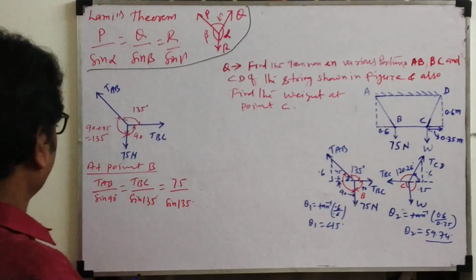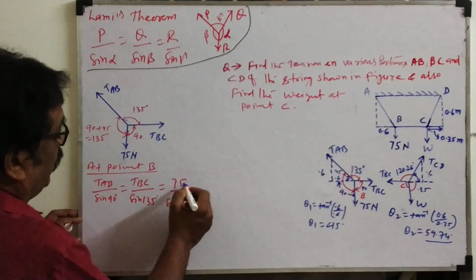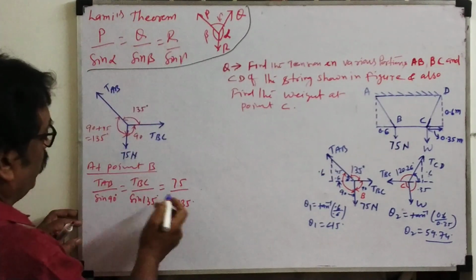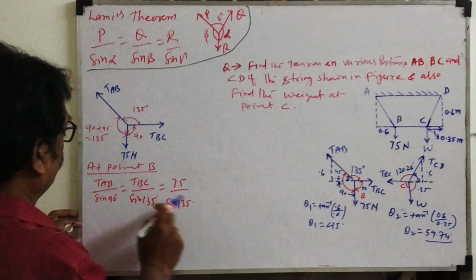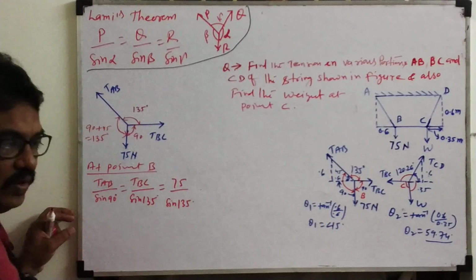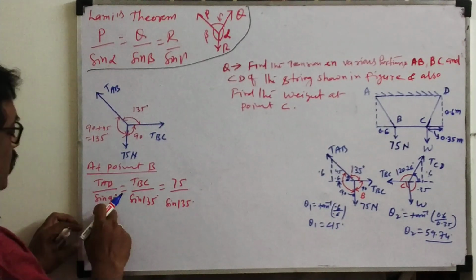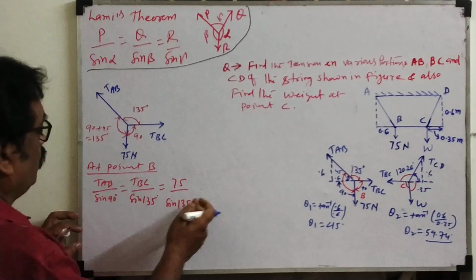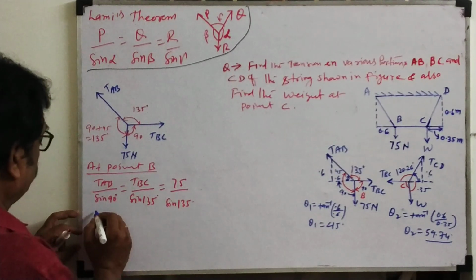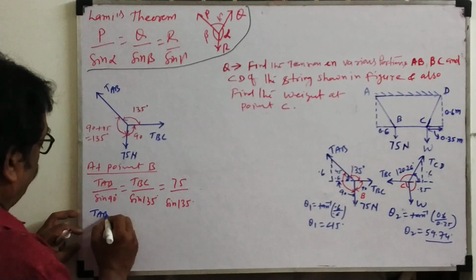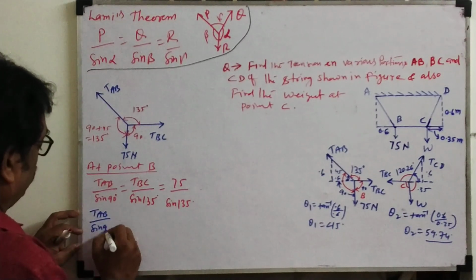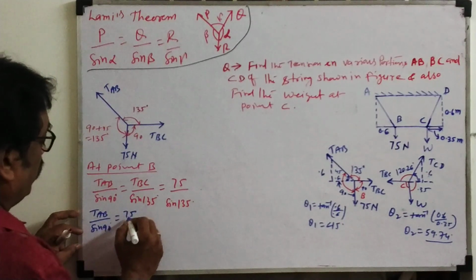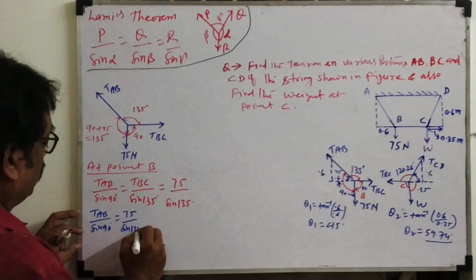Now look here. If we know this relation, we can group together 1 and 2, or 1 and 3. We'll see where the unknown is less. If we do 1 and 2, we cannot calculate, so we have to take 1 and 3 or 2 and 3. First we take TAB by sin 90 equals 75 by sin 135.